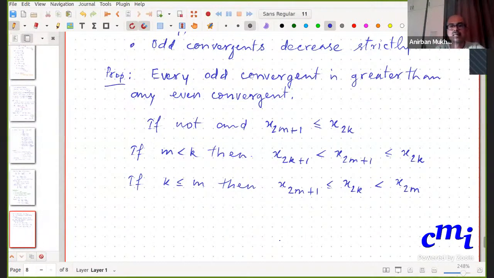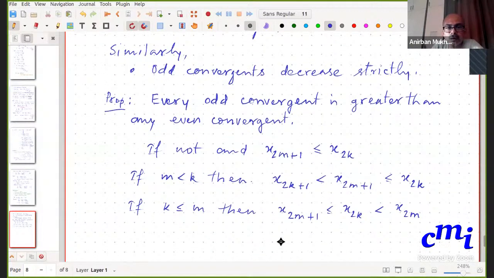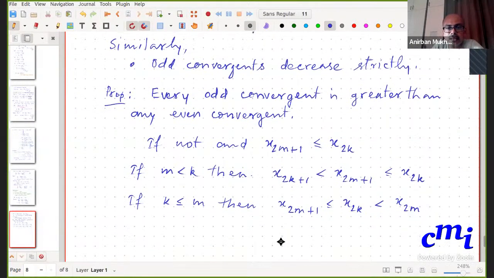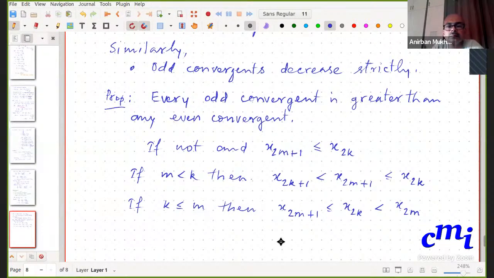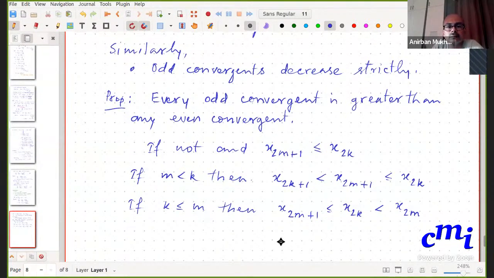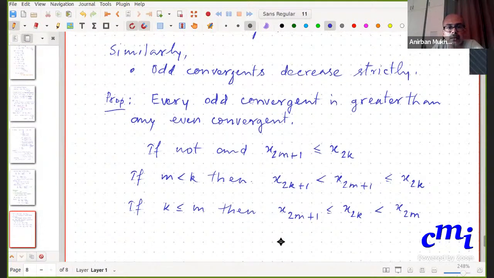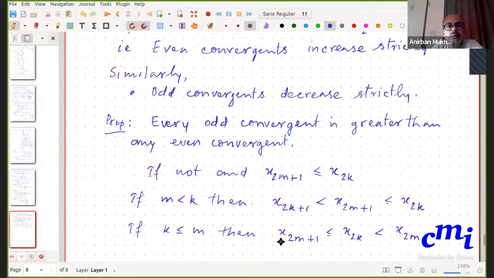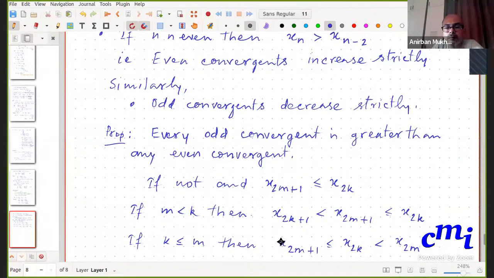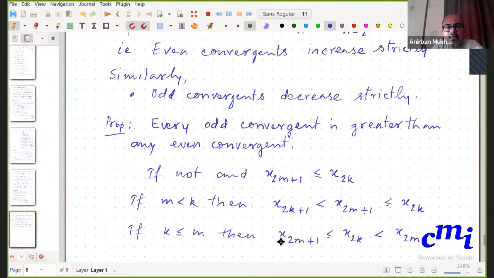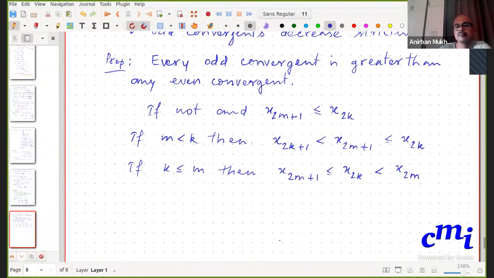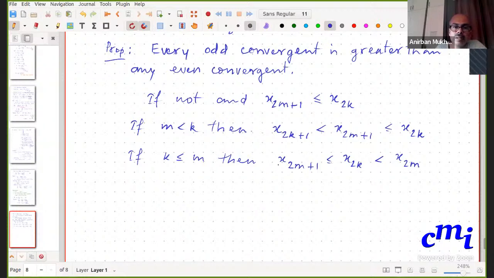Yes, this is correct. So in both cases, we get that x2k plus 1 is less than or equal to x2k.